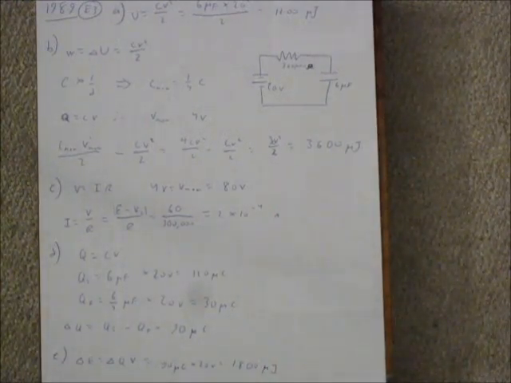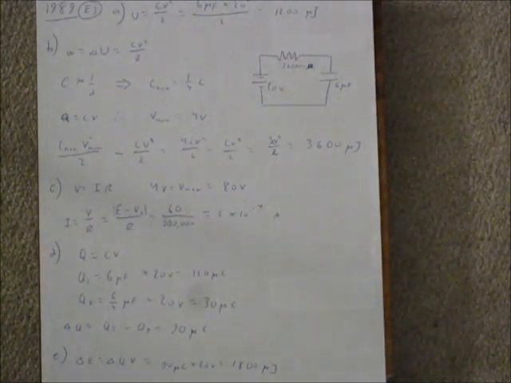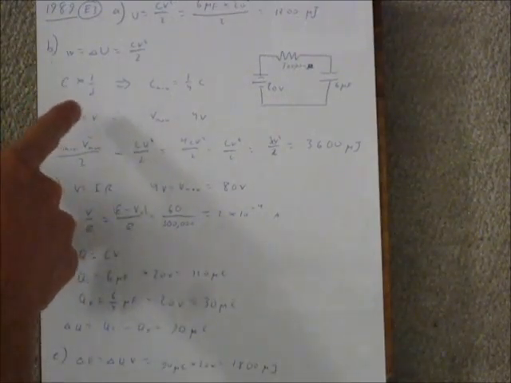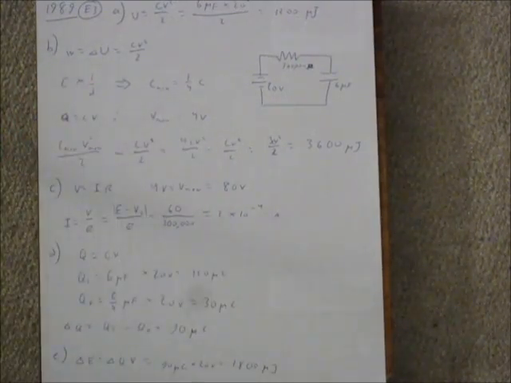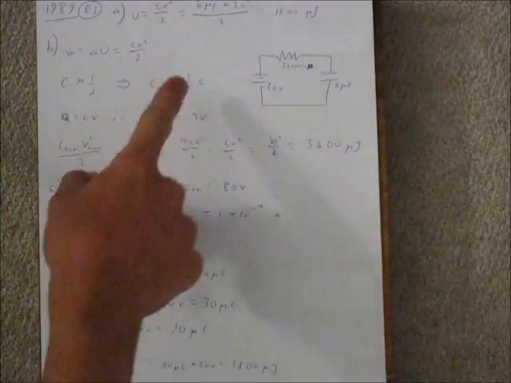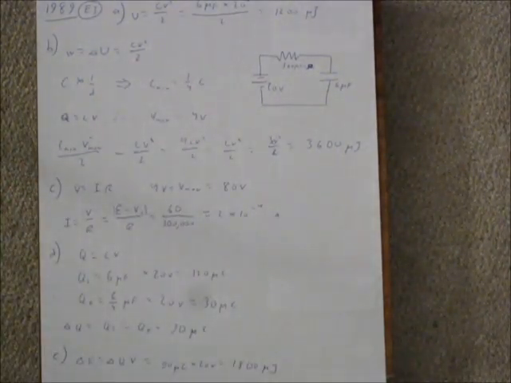Then, part B asks to determine the work that must be done in increasing the spacing by adding a dielectric into the capacitor. So, we know that capacitance is inversely proportional to the distance between the plates. So, since it is 4 times as much, the new capacitance becomes a fourth of the original.